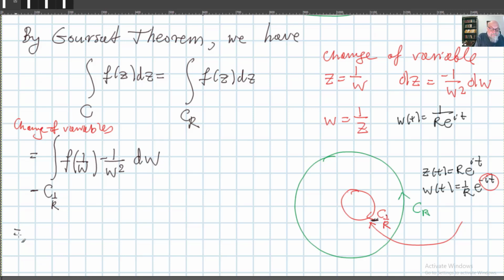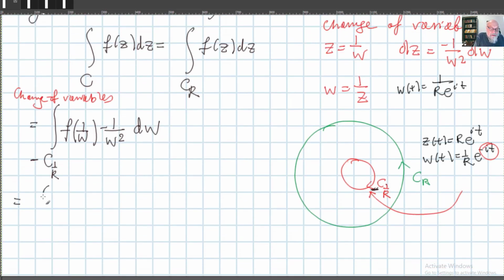And of course, you can now reverse the orientation of the circle. Let's reverse it. So we put here C_R, and then you have two minuses. One minus and another minus, they cancel each other. So we are getting f of 1 over w times 1 over w squared dw.